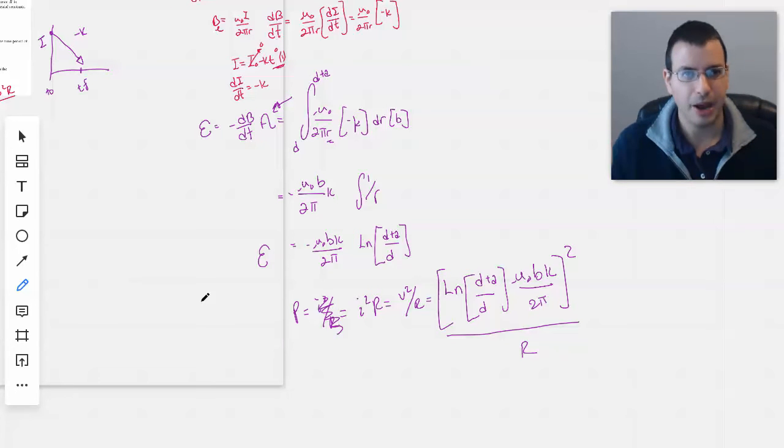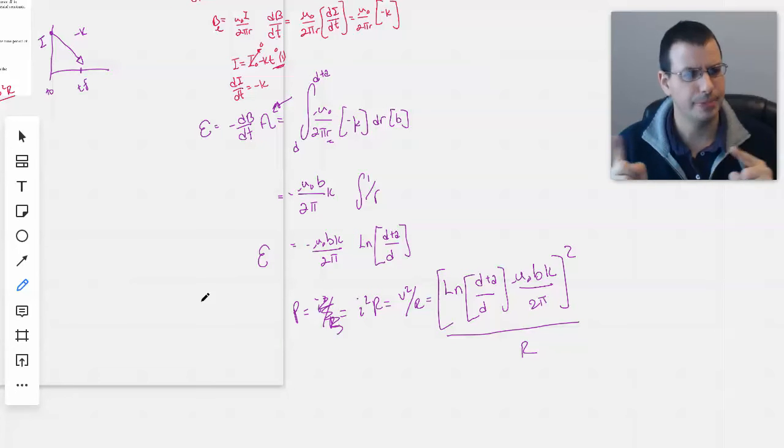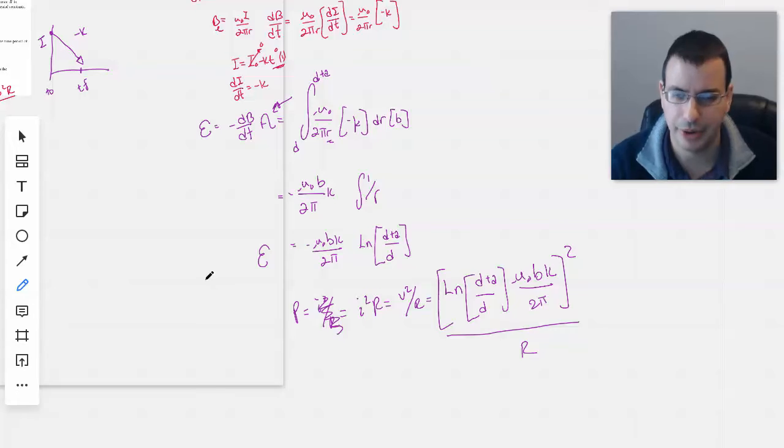Plus, power dissipated in a resistor is direction independent, so it doesn't matter either way. Okay.